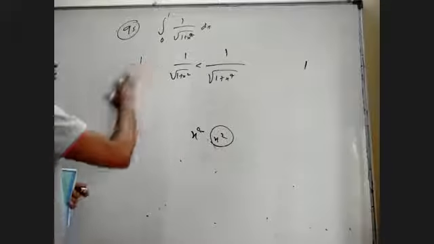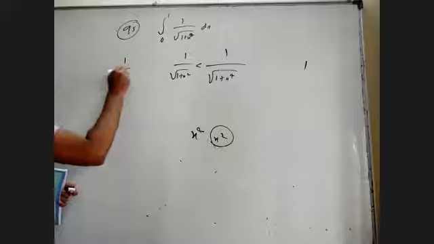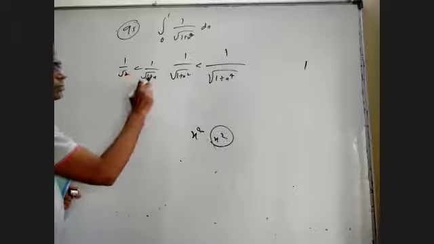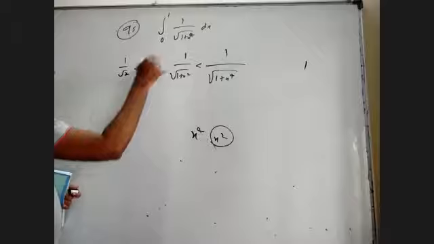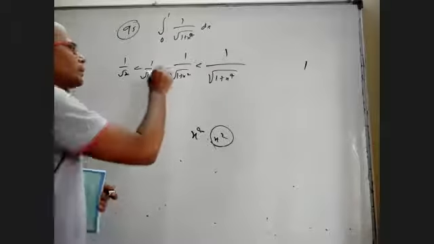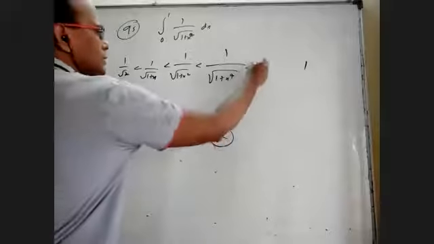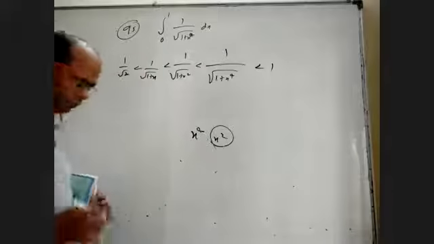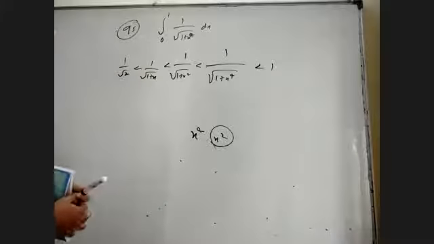I can do 1 by root 1 plus x also. This denominator is much bigger than this, so I can even integrate that. This is less than 1. What about removing the root, 1 by 1 plus x square?